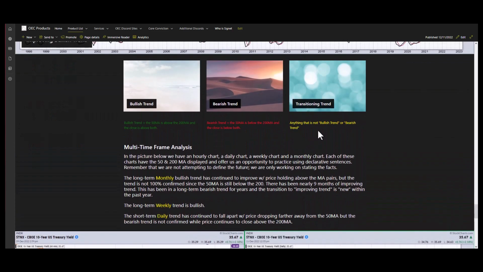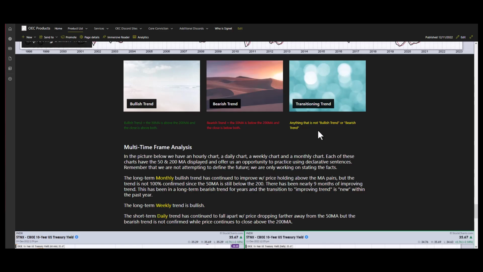So, in broad terms, bullish trend is when the 50 is above the 200, and that's that. And you can add to that if the close is above both. A bearish trend, the 50 is below the 200, done. That's a bearish trend. But you can improve on that if you were to say, and the close is below both.